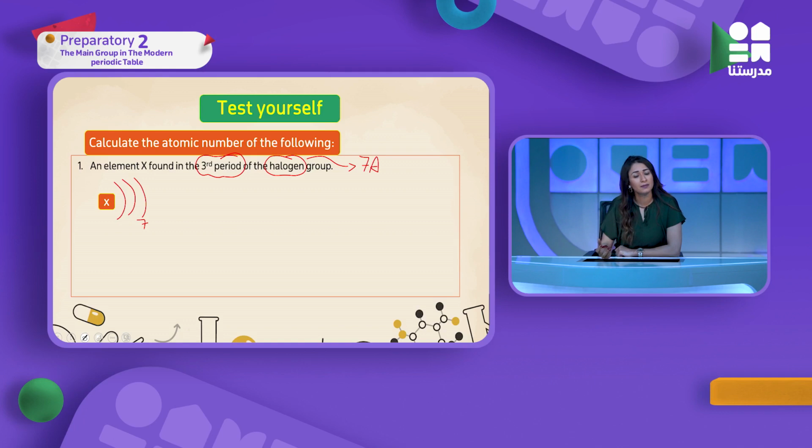Then طبعا I will saturate the other energy levels. This one is 8 and 2. And then I calculate my atomic number. هقول 2 plus 8 plus 7 of course equals 17. So element X, its atomic number is 17.